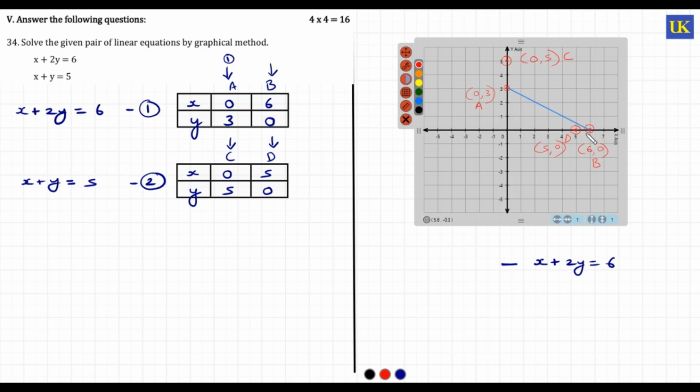Alright. Now we'll join these points. Okay, what we can do is we can use a red line, and we will write the second equation, x plus y is equal to 5. So we'll use a red line here and we'll join this.